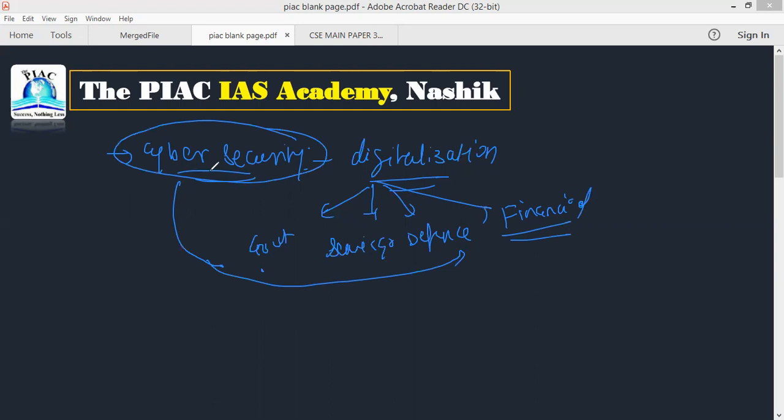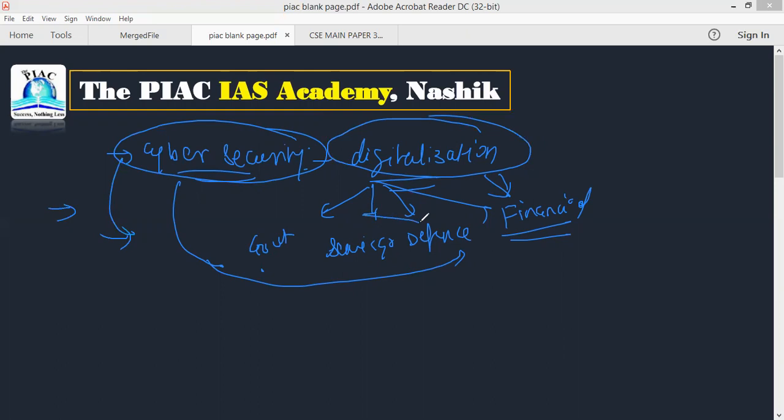Especially in the financial sector, if you are using UPI, for example Google Pay or PhonePe, how do they make themselves secure from hacking or phishing? How is cyber security made, and what challenges are there in front of it? How should it be overcome, and what should be done to avoid any crime in the financial sector or other sectors like defense?